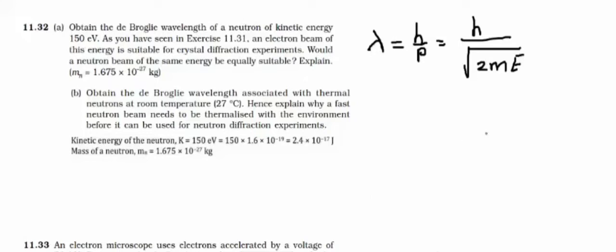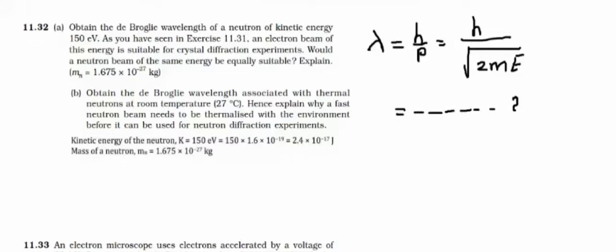So you have to convert electron volt to joule to get the answer in SI unit. So capital E you have to take as 150 into 1.6 into 10 power minus 19, and you can find the answer. Now see the second part.